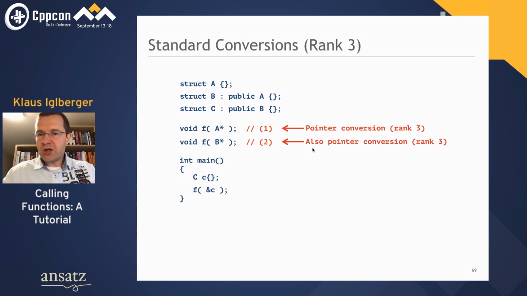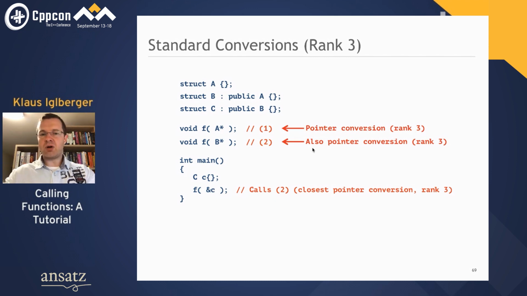Both are pointer conversions, both would be ranked at 3, but for that particular case, there's again a special rule that actually helps to disambiguate. So this will call function 2 because the pointer to C is a little closer to the pointer to B than it is to the pointer of A. Pretty reasonable and intuitive again. So again, here it works in this way as you would expect.